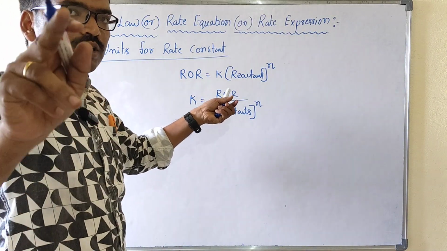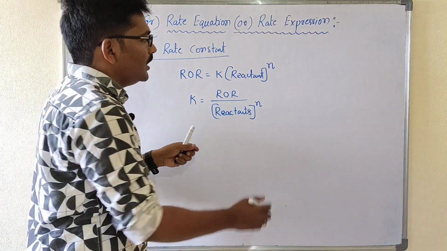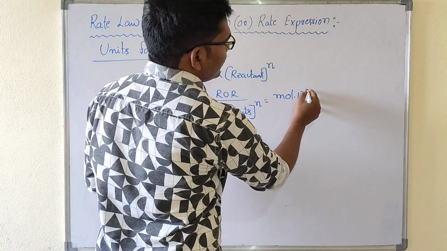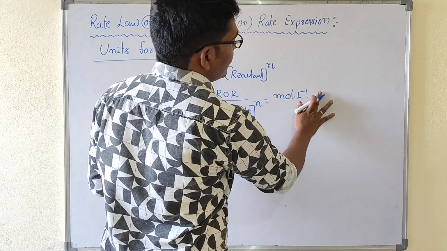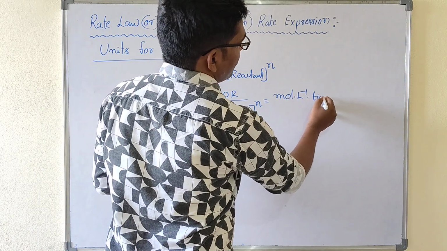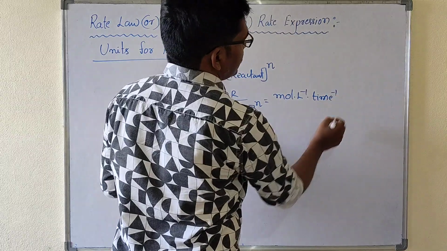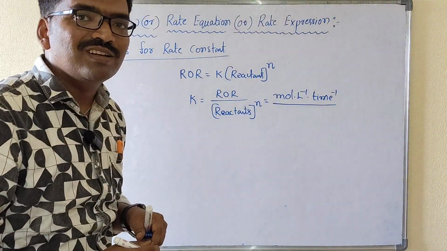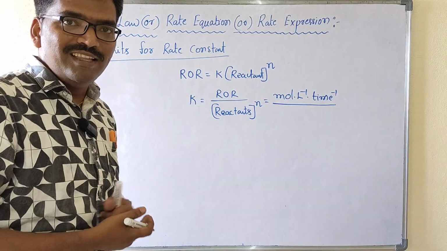So what are the units for rate of reaction? Rate of reaction units are mole liter inverse, then time inverse, right? Then reactants concentration is what? Molarity.